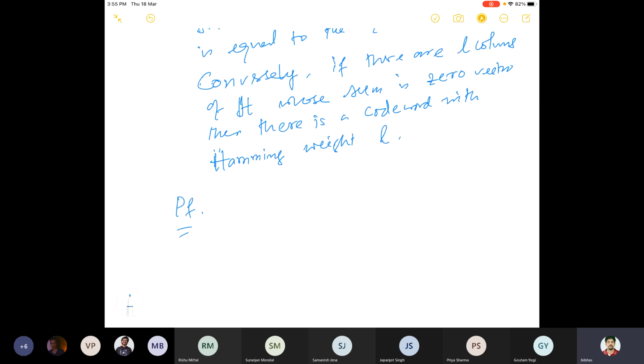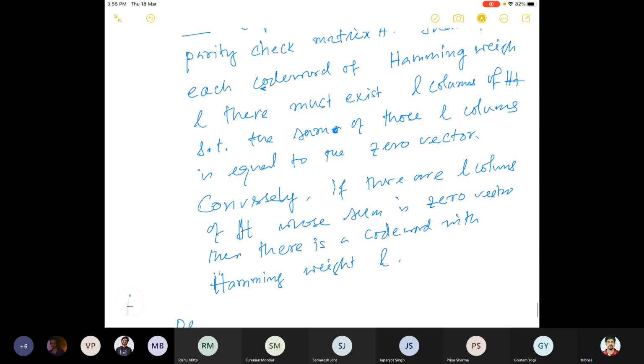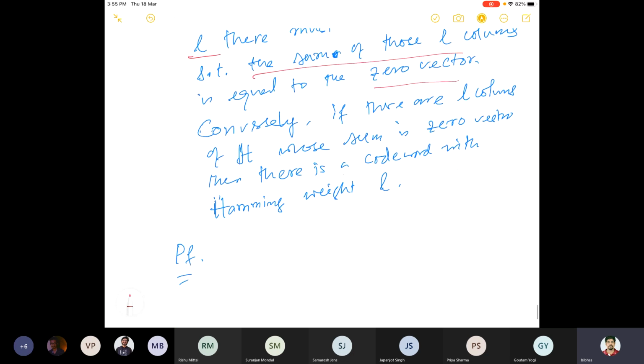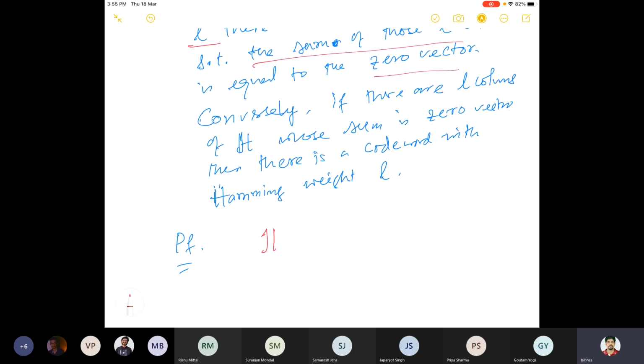So what we are saying here is that if you have any code word of Hamming weight L, we have to show that there are L columns of H whose sum is the 0 vector. How do you do that? Okay, so let H be this matrix.